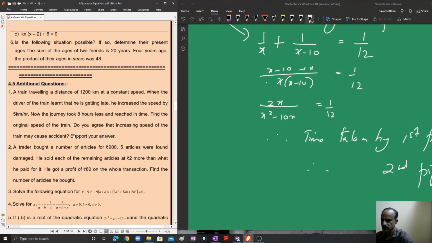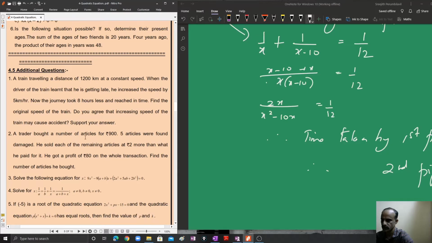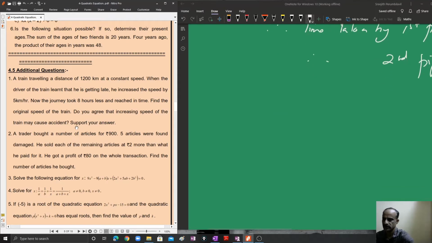This is again a distance time question, like the one we did. A train travels a distance of 1,200 kilometers at constant speed. When the driver of the train learns that the train is getting late, he increases the speed.